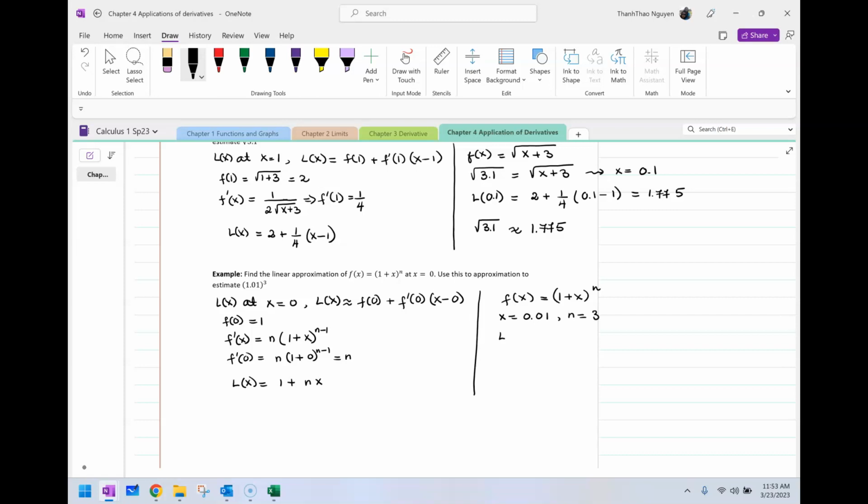So the linear approximation is equal to 1 plus 3 times 0.01, that is 1 plus 0.03, that is 1.03. So we can use this to estimate a lot of different things.